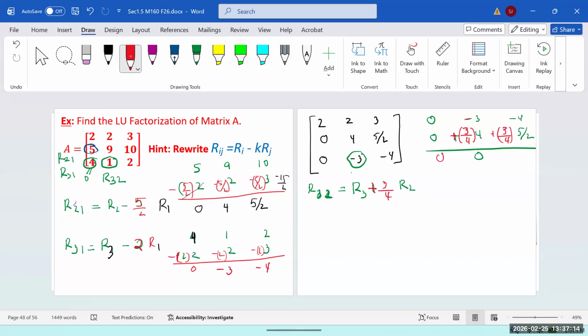So we get 0 here, 0 here, and then -4 plus 15/8, right? 3 times 5 is 15, 4 times 2 is 8. So what do you get? -17/8, right?